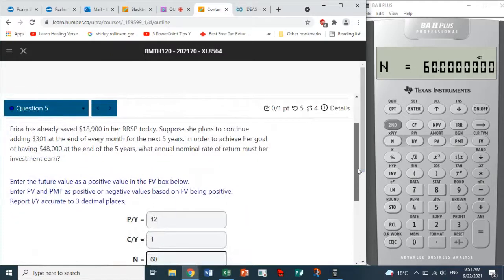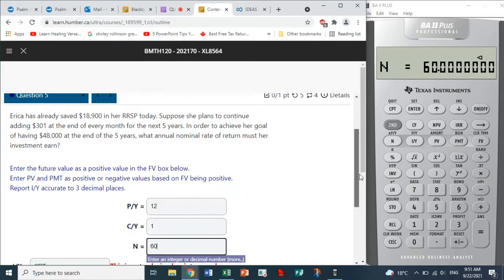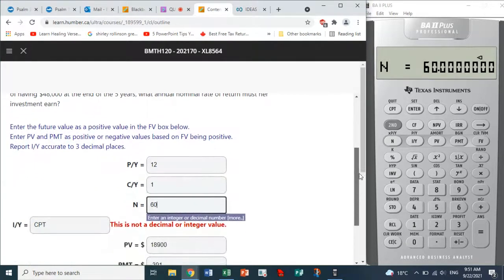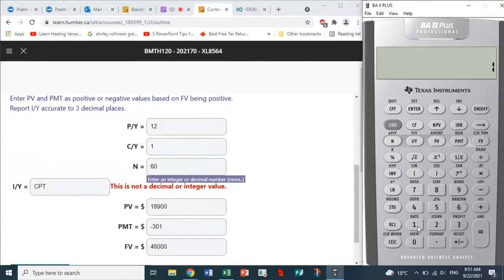So IY we're computing. Present value is 18,900, and the payments are $301. So we skip over IY. Present value is 18,900. So let's put that in as a present value.